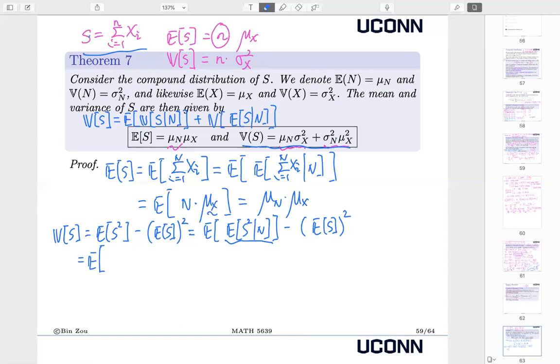Conditional variance is basically the same as variance except everything is given the condition. So by the definition of conditional variance, this is the conditional variance plus the square of conditional mean. As I said, conditional variance is defined as the conditional second moment minus the square of the conditional expectation.